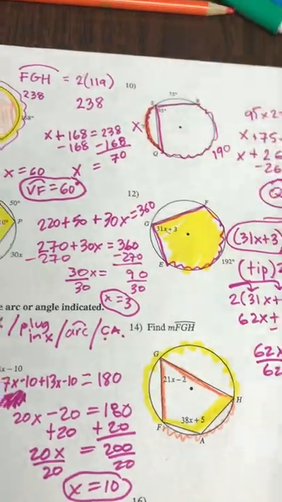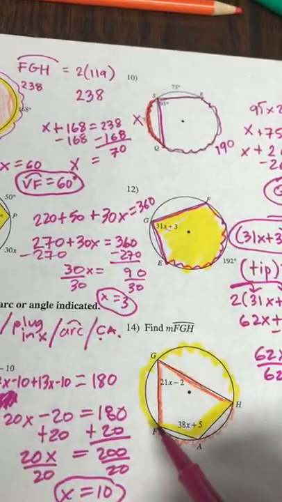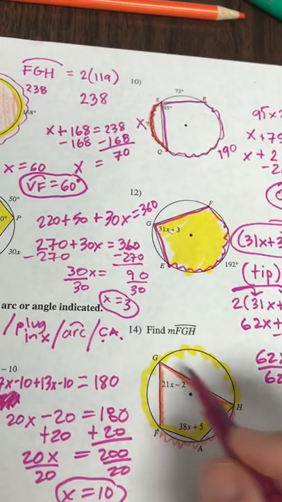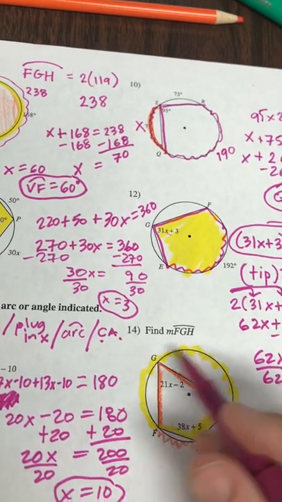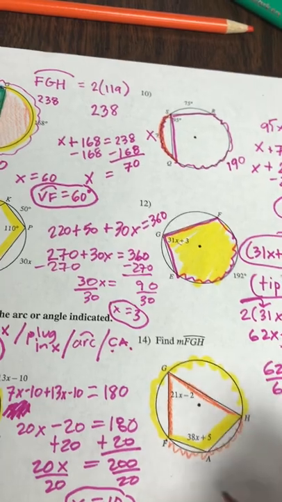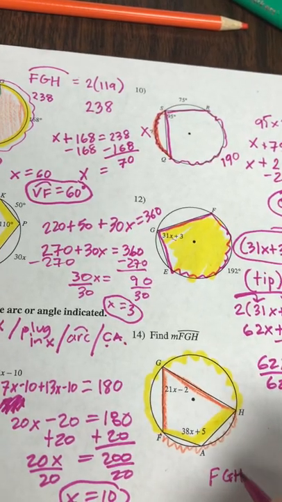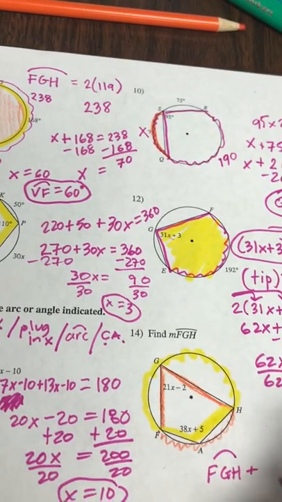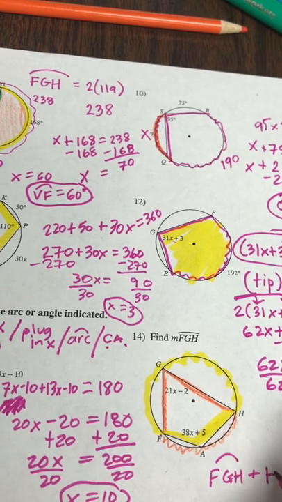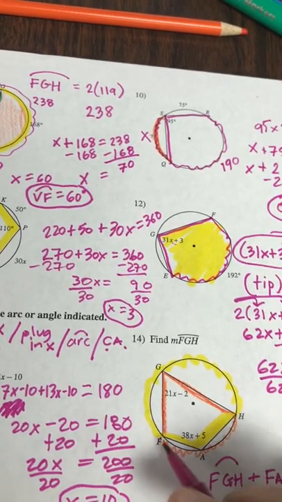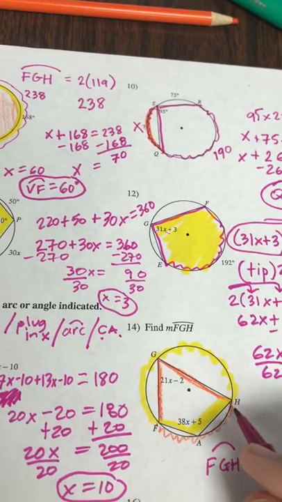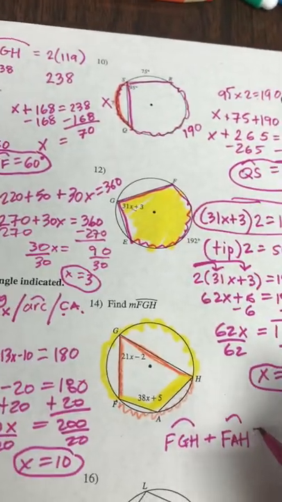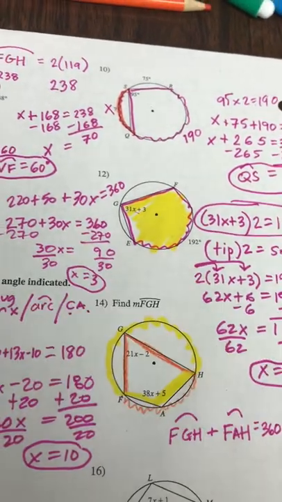Kind of just intuitively, I'm noticing that arc FGH, this big yellow one, the snow right here, plus my orange one, FAH, I guess I could call it, just to clarify I want to go this way, those two arcs have to add up to 360.